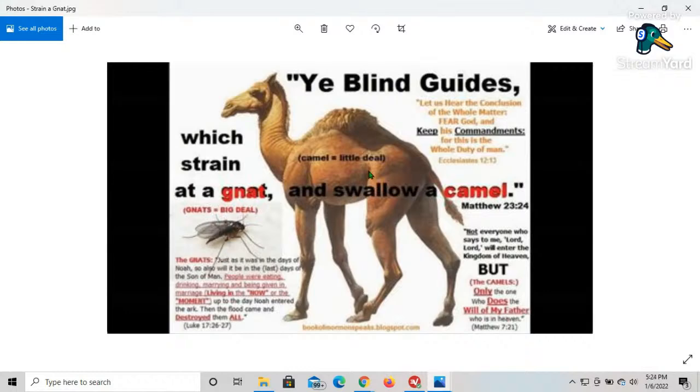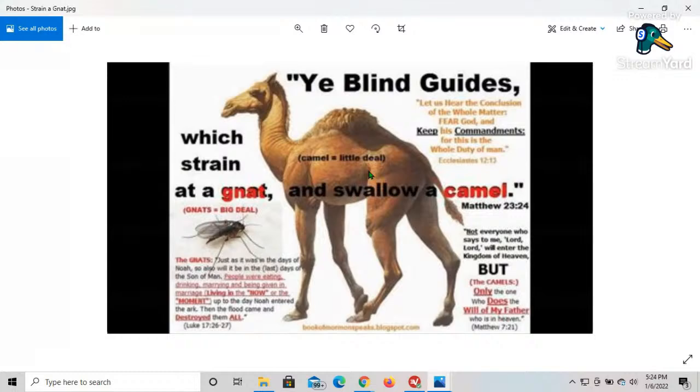And meanwhile, they swallow the camel, which is the big error of naturalism, believing that the universe can make itself, can form itself, direct itself, and program all the different life forms. They swallow the camel.